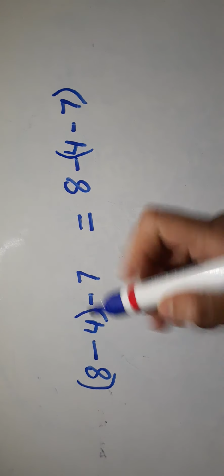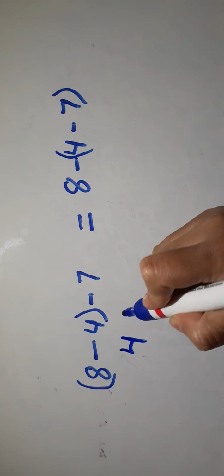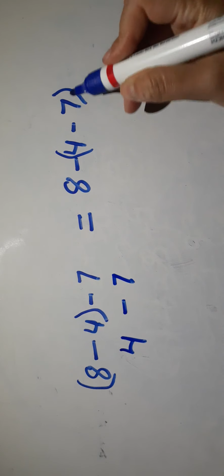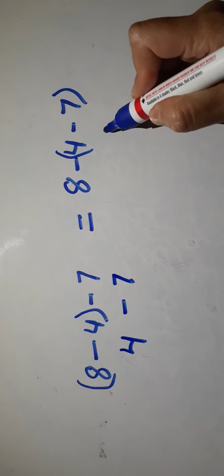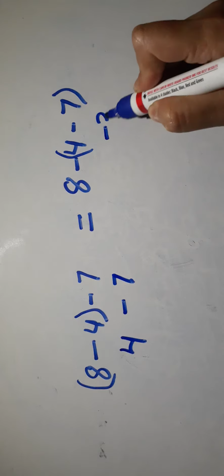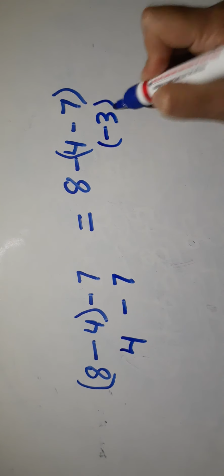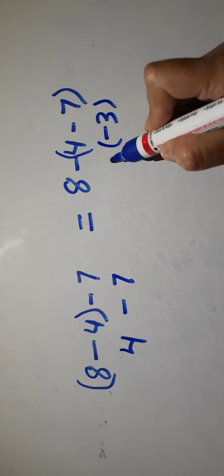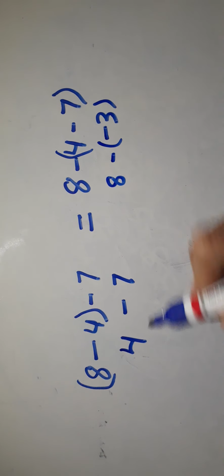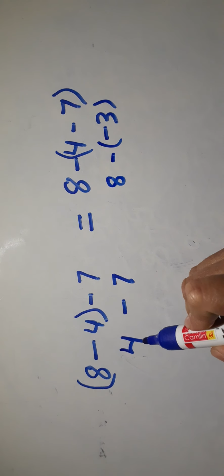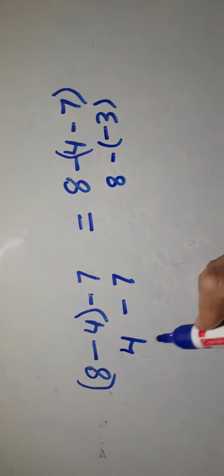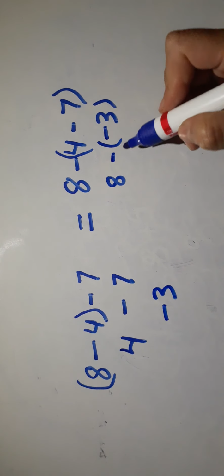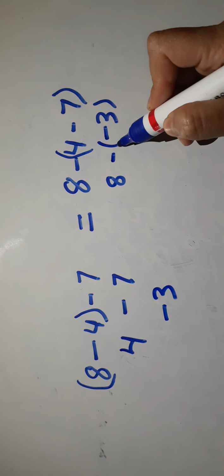Now 8 minus 4 is 4, then minus 7, and in this case 4 minus 7, you will get minus 3. Let us put again in bracket. Here is minus 3, and here 8. Now 4 minus 7, the answer from here will be minus 3, and here bracket means multiply.